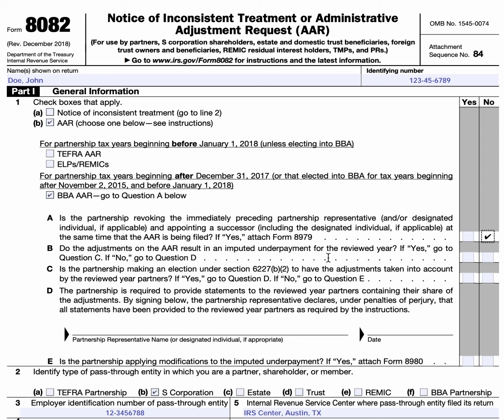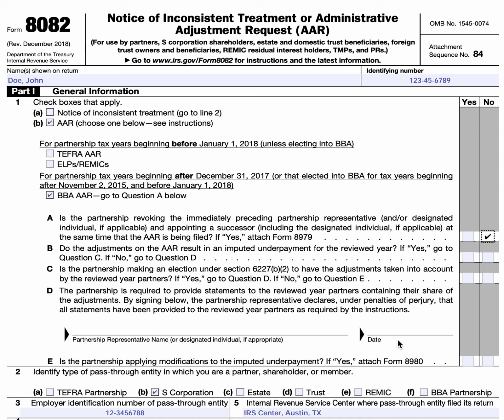So if you click yes, then you have to answer question C, which is whether or not the partnership is electing under Internal Revenue Code 6227(b)(2) to have those adjustments taken into account by the reviewed year partners. So if yes, then you would go to question D. If no, then you would go to question E. So basically, question E is saying, is the partnership modifying or applying modifications to the imputed underpayment? And if so, you would attach IRS Form 8980.